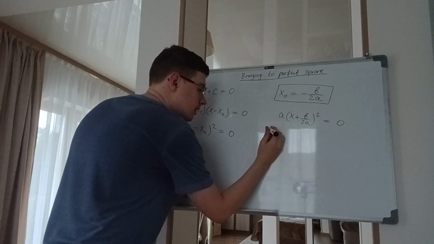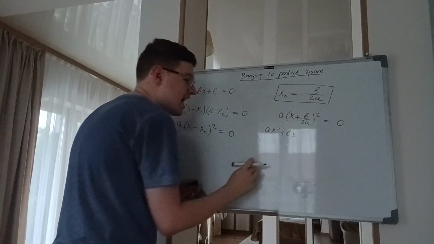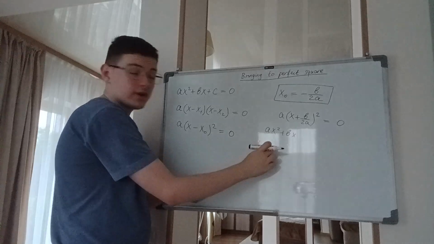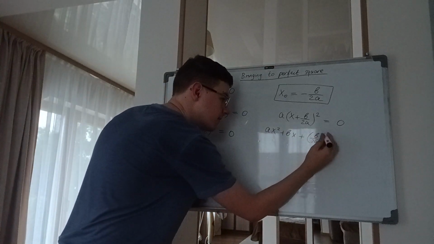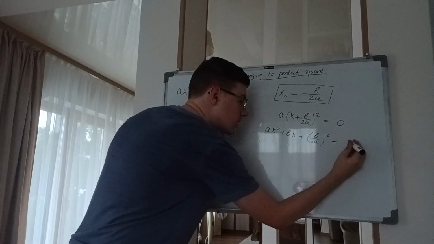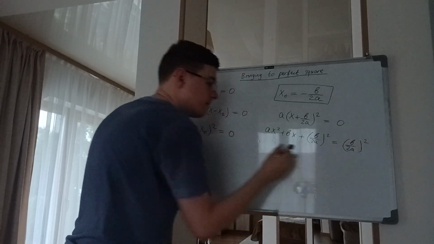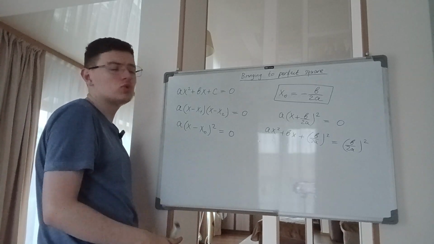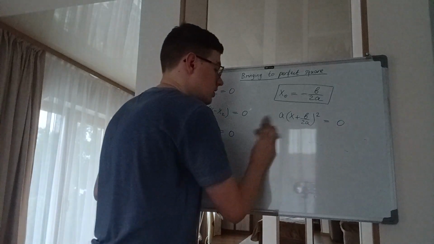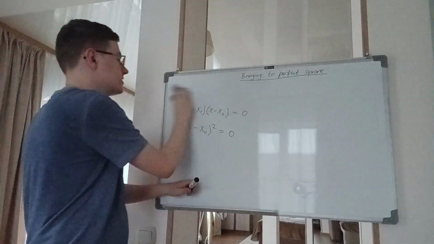So we have, for instance, ax² + bx, and to bring it to the perfect square, all we need to do is add (b/2a) squared. But you should do the same with the right part, okay? So you don't miss something, you don't lose something, you don't get confused. And that's it for theory. Let's practice a bit.